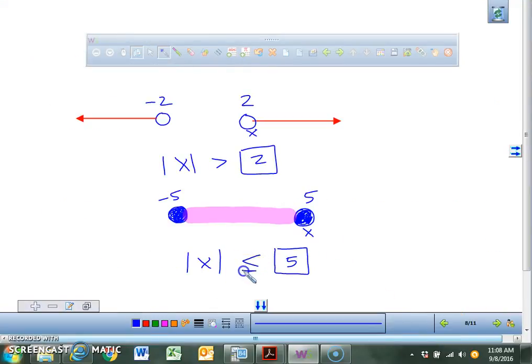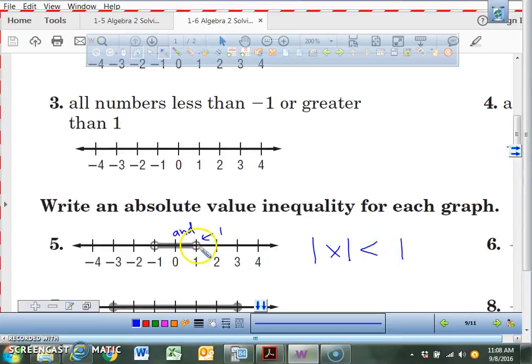Oh, I did. That should be an equal to sign. My bad. I apologize. So if you're watching the video, I did eventually correct myself. That should be equal to. This one is not equal to because it's open. And this would be your answer. When it says, write an absolute value inequality for each graph, this is the absolute value inequality for number 5.